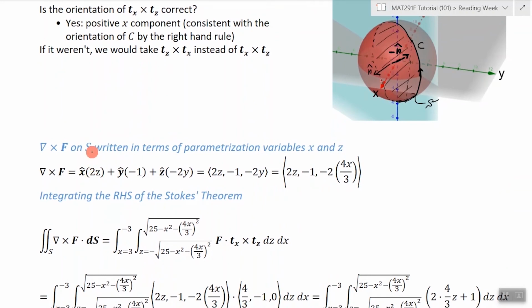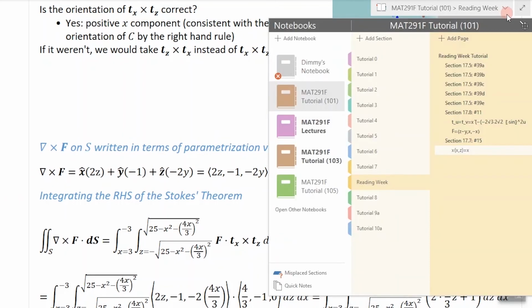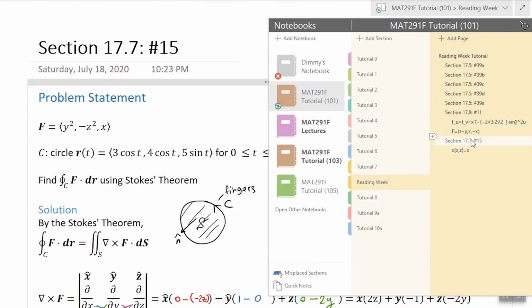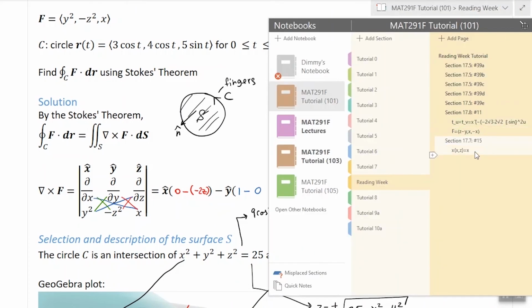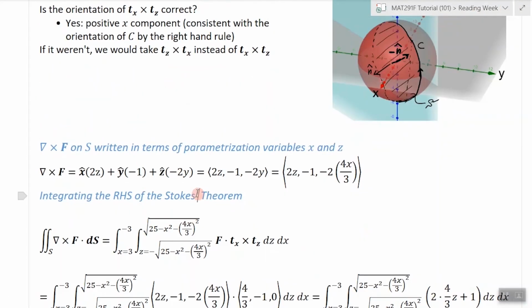The next step is to write this integrand, which is supposed to be curl of F on the surface in terms of parameterization variables x and z. This I copied from what we had before. I'll just show you where we had the calculation. The calculation was right here. You see, this is where we computed this, and then here I just copied it.